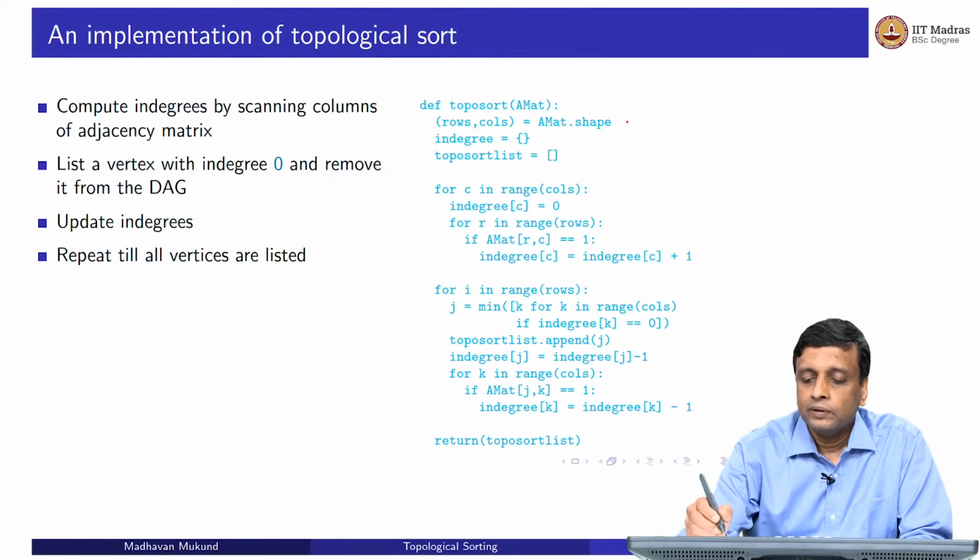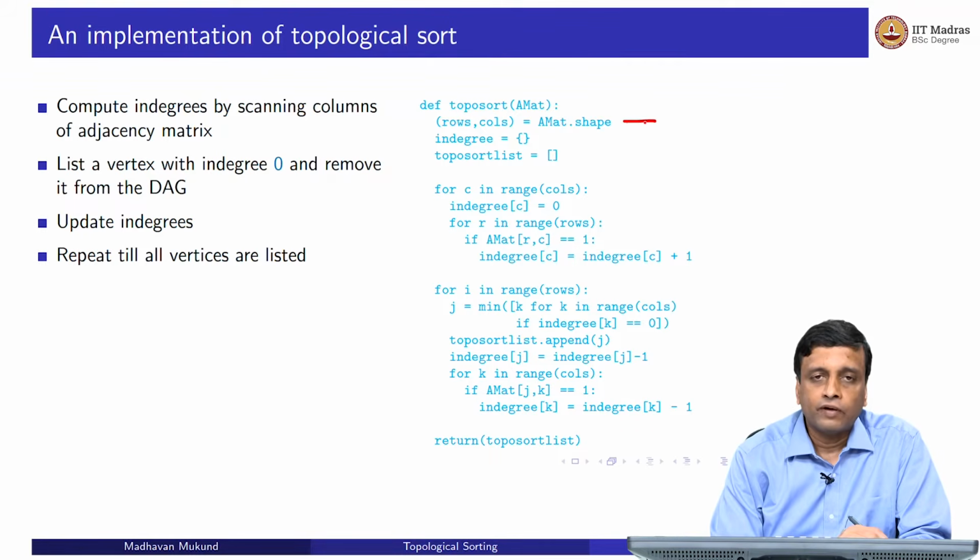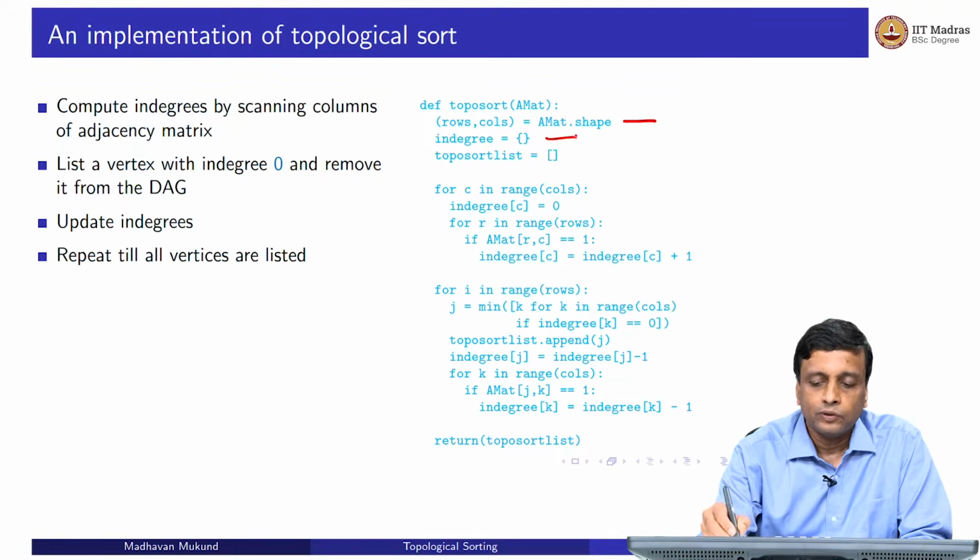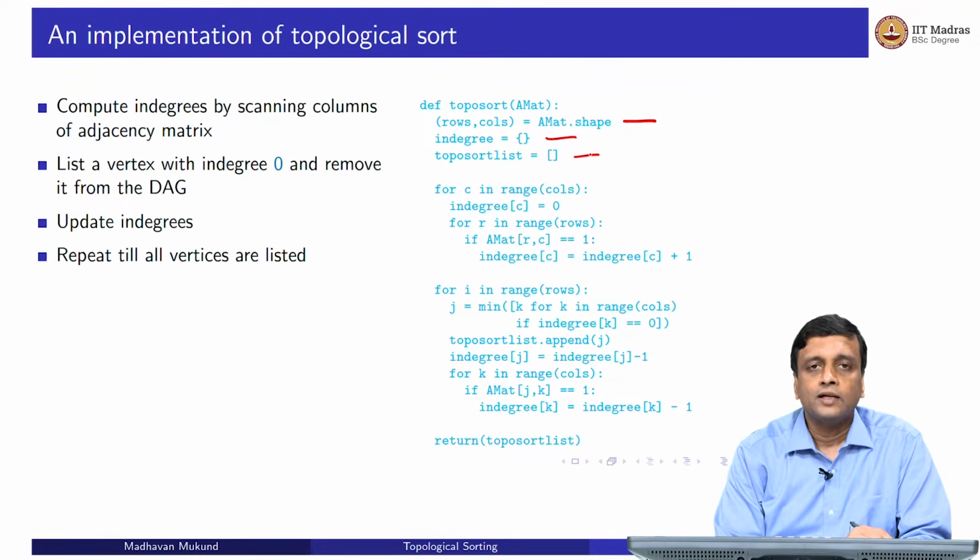So here initially, as usual, we find out using the numpy shape attribute how many vertices there are, so the number of rows and number of columns in the adjacency matrix. So now we want to keep track of in-degrees and we want to keep track of the list of vertices in the final topological sort. So we have an empty dictionary to keep track of the in-degrees and we have an empty list called toposort list which will accumulate the vertices in the order in which they are enumerated.